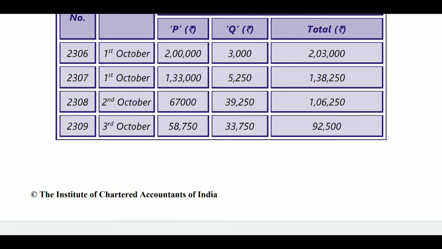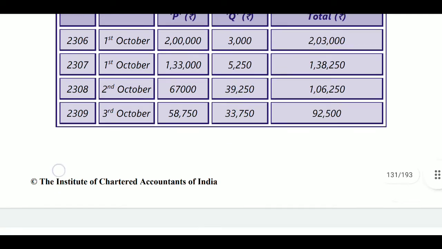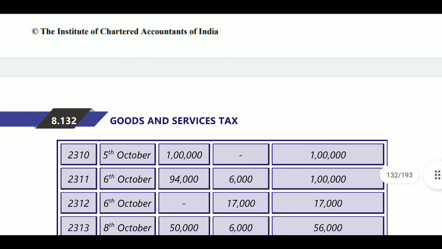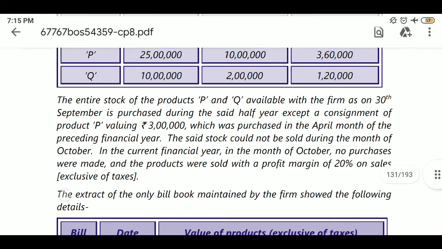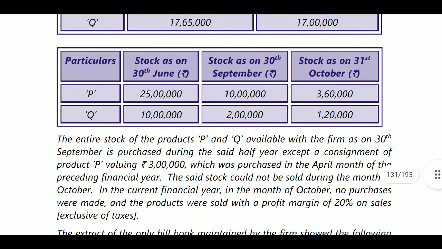So we are at a boundary of 6 lakhs, and when this reaches 4 lakhs 80, it will cross the eligible amount for the composition scheme. So I think on 3rd October it will be crossed. After 3rd October you will be liable to pay tax at normal rates, and up to this we have the products, we have the stock as on 30 June, 30 September and 31st October, and you can claim that ITC.